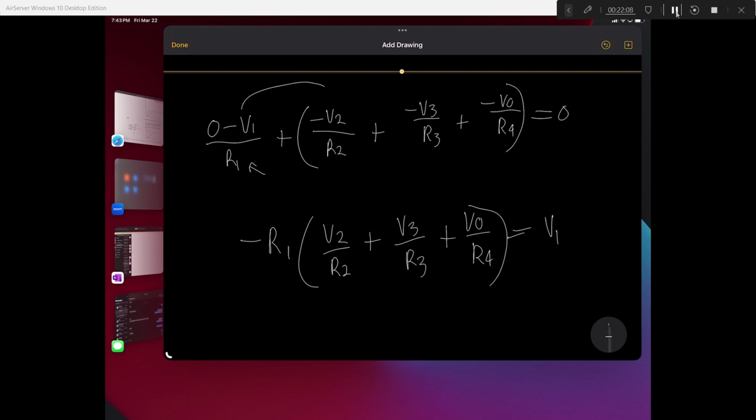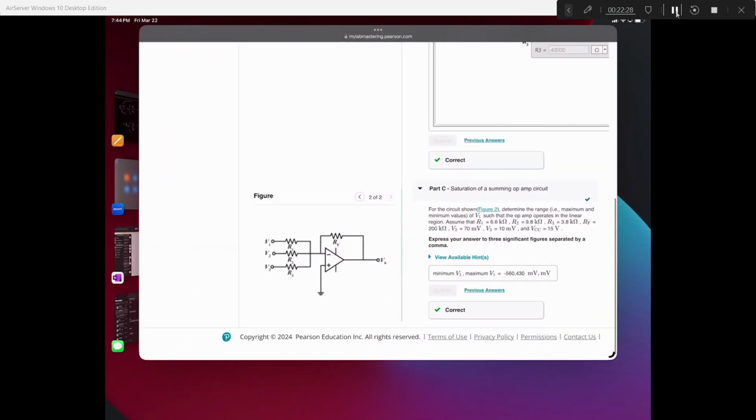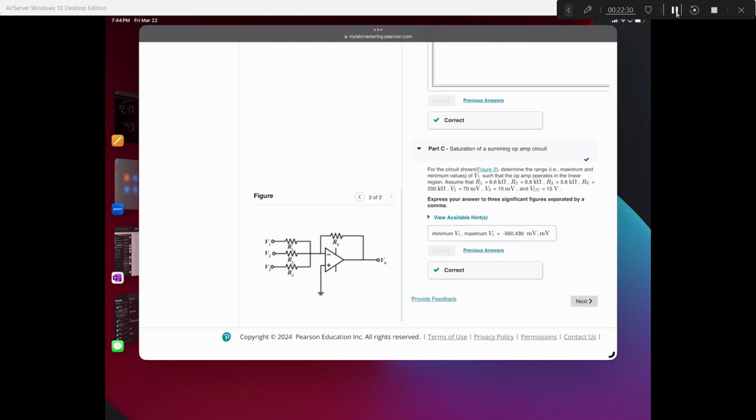So how you solve this problem is you plug in 15 first for V out, then plug in the rest of your numbers to solve for the maximum V1, then plug in negative 15 to solve for the minimum V1. And then you'll get that answer, hopefully.